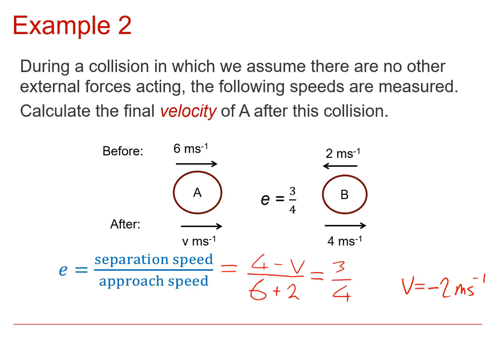So conceptually, this topic can be tricky at first. You've got to imagine these things moving towards each other at different speeds, maybe both even moving in the same direction beforehand, just at different speeds. As long as they're getting closer towards each other and then moving away from each other afterwards, then you can have a collision that you can analyse.